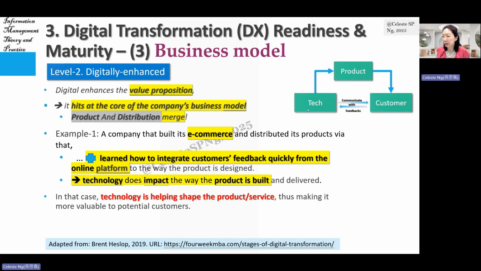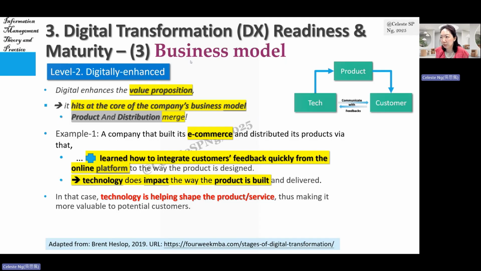If from the feedback that company can better design its product or service, then in this case we can say that the technology being used here is not only providing a means of communication or distribution, product delivery and so on, but it affects the future product design and value proposition to the customer.